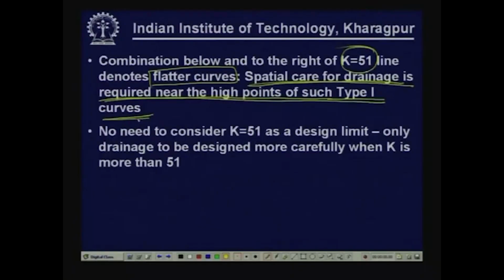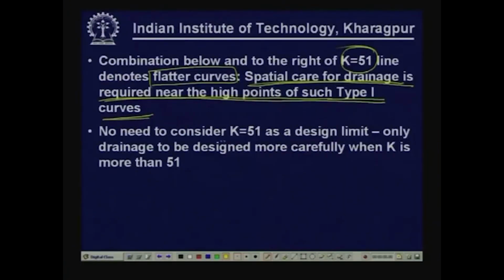However, this K equal to 51 should not be used as a design limit. What we are trying to indicate is that if the K value is more than 51, special attention is required for drainage, but it is not that K more than 51 is not acceptable.